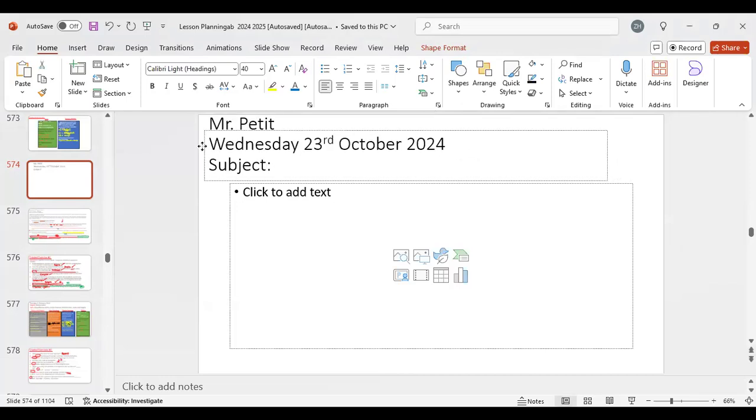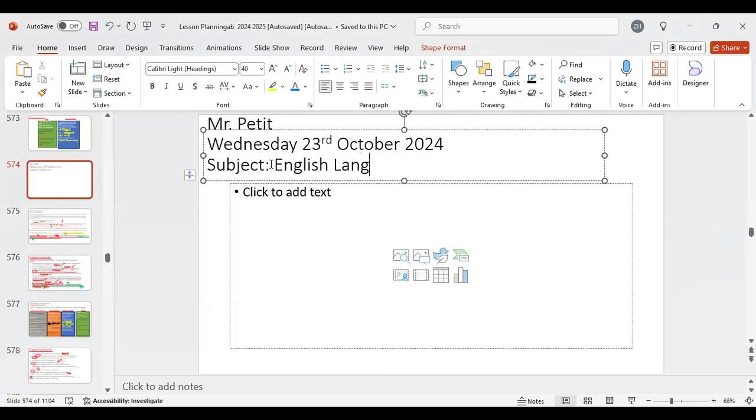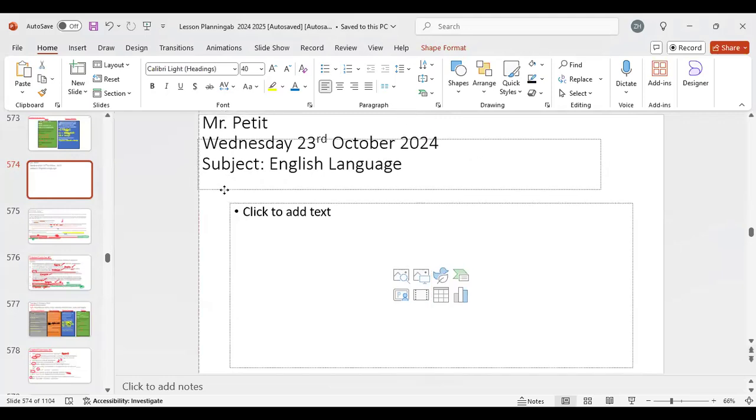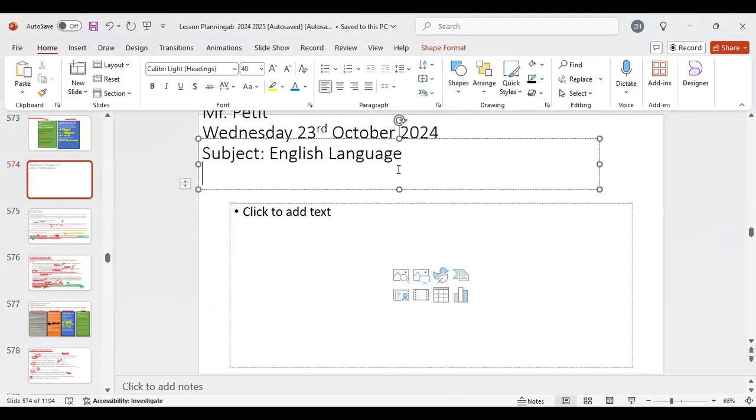Okay, so let's do English. English language. Today we're going to be looking at, so if you're trying to write a paragraph, what builds up your paragraph?